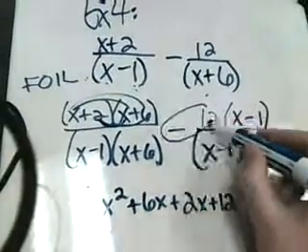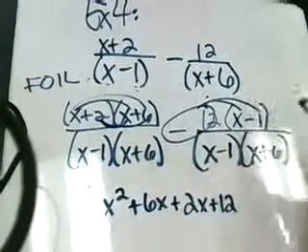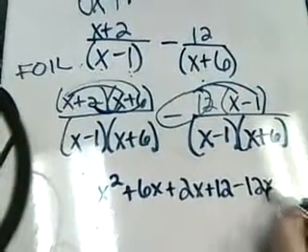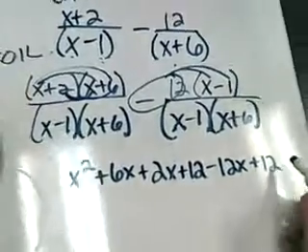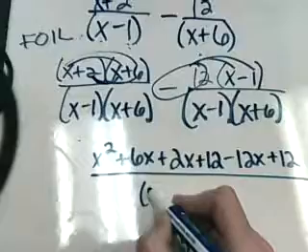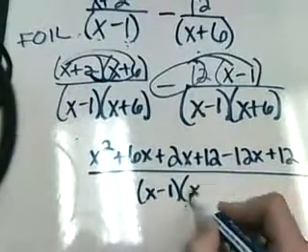Then I have this minus 12 that I need to distribute to that piece. So negative 12x plus 12. That's all over that denominator. I don't want to FOIL him out. I just want to keep him factored.